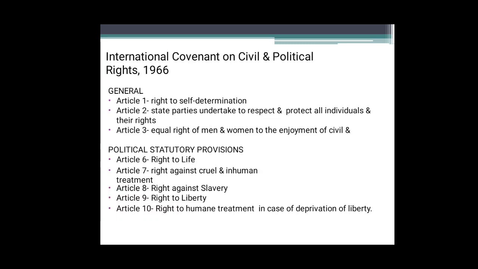Right to life, right against cruel and inhuman treatment, right against slavery, right to liberty, right to human treatment in case of deprivation of liberty.